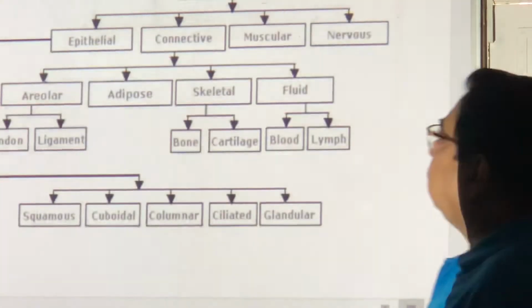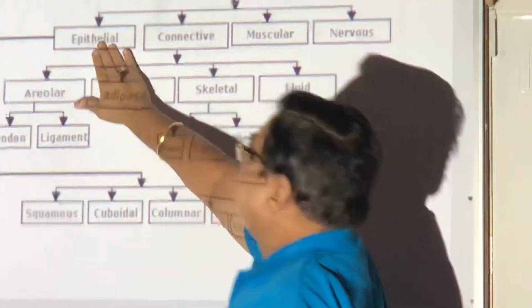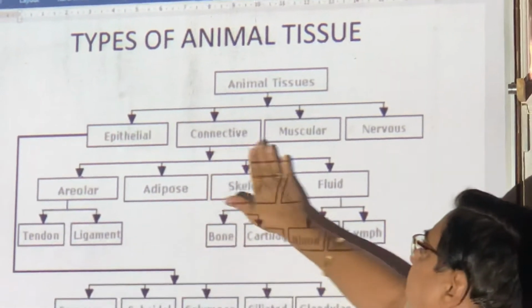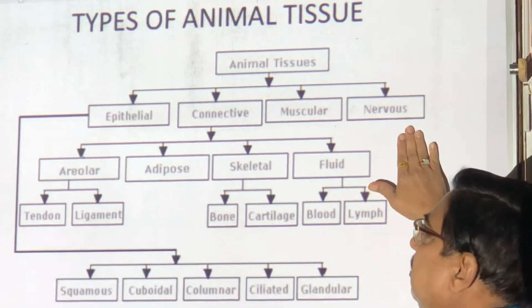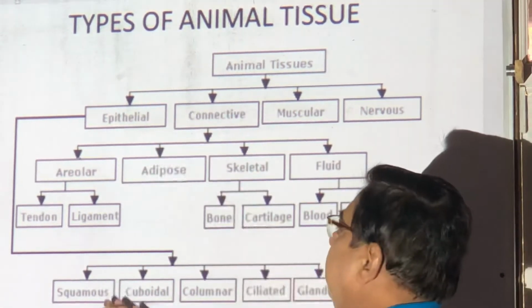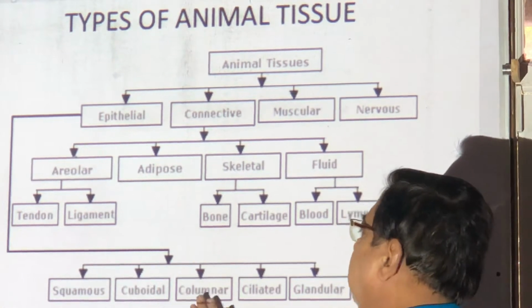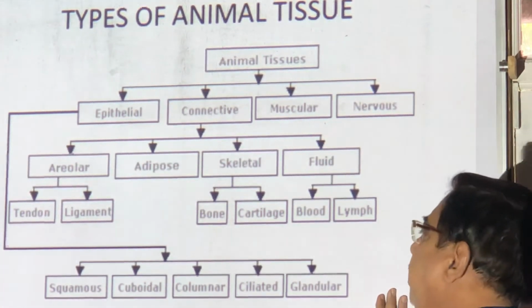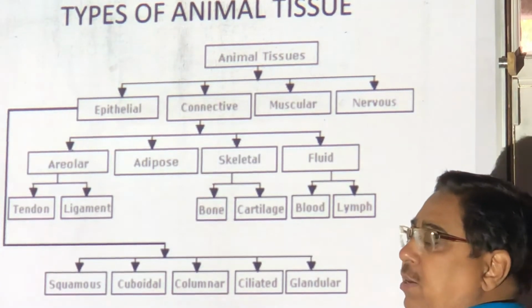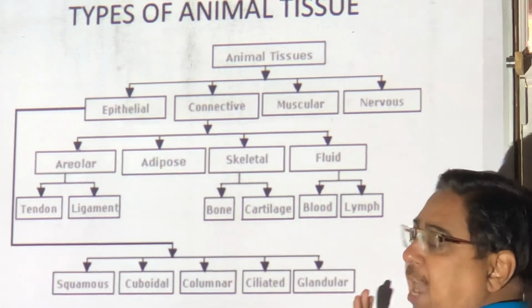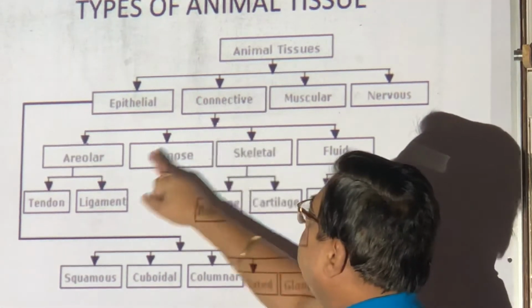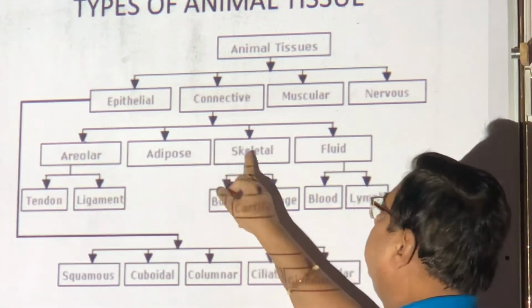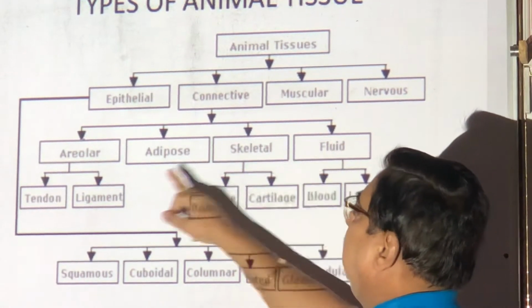Have a look. Animal tissues are of four types: epithelial, connective, muscular, nervous. Epithelium is squamous, cuboidal, columnar, ciliated, glandular. Of course, there is sensory, germinal, reproductive, etc. We are doing the main types. Connective tissue is areolar, adipose, skeletal, and fluid.